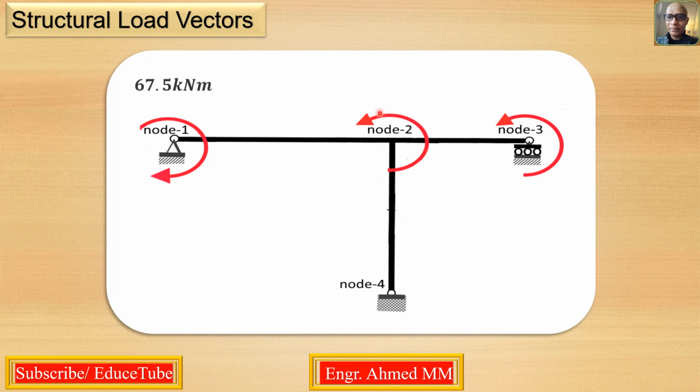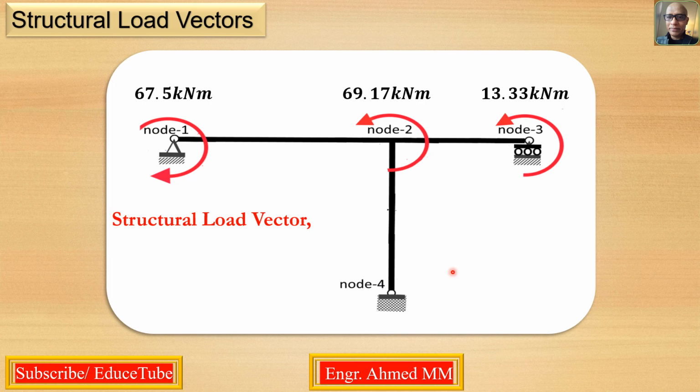You see, the direction is changed. So we got these three structural load vectors. This is the vector we got, the structural load vector. We will use this vector to find theta.